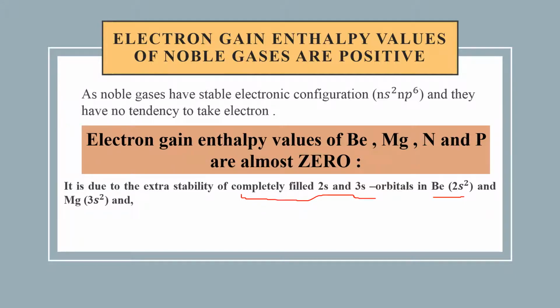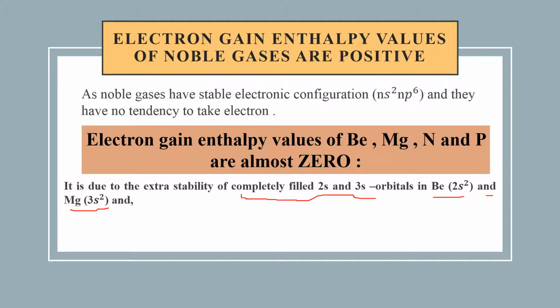Its valency shell has a completely filled 2s2 orbital, and similarly in magnesium, the electronic configuration is 1s2 2s2 2p6 3s2, so the valency shell electronic configuration for magnesium is 3s2. It means the s orbital is completely filled in beryllium and magnesium.